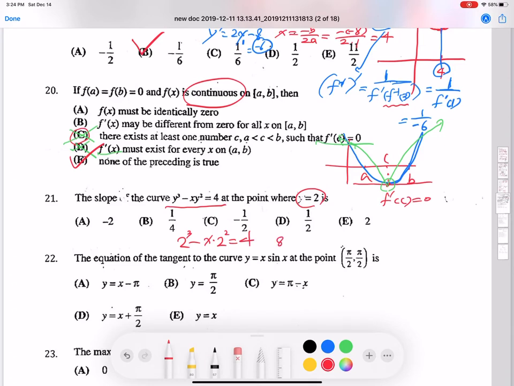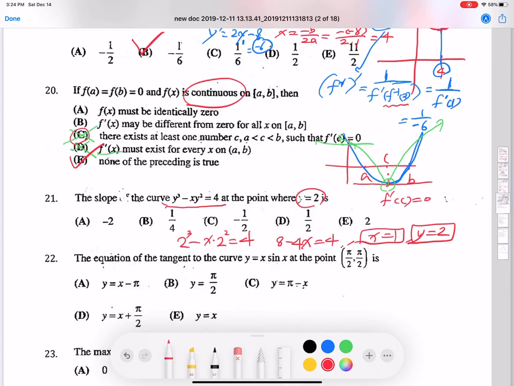So 8 minus 4x equals 4, so x equals 1. Then find the derivative at (1, 2). You can do implicit differentiation.